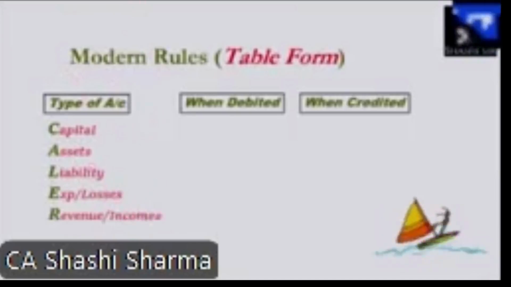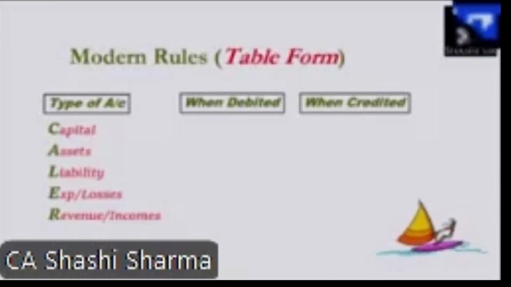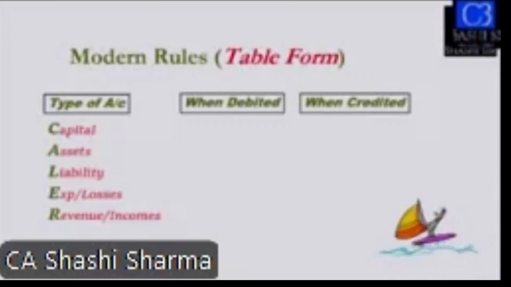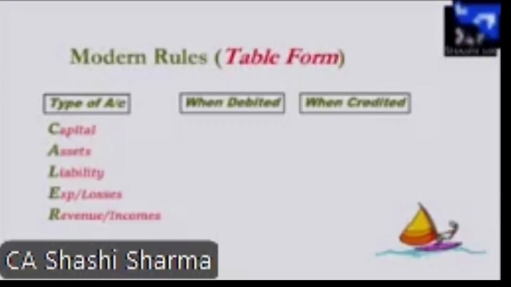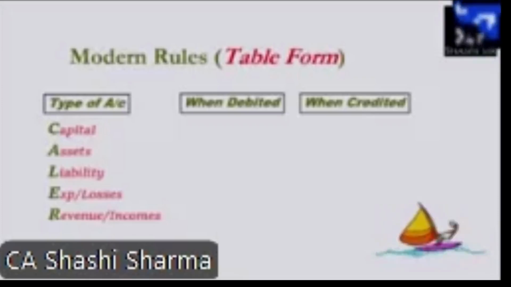So first of all, in the case of previous golden rules, we were classifying the different accounts under the personal, real or nominal category. But when we follow these modern rules, we have to classify the account under any of the 5 categories. And after categorizing, we have to decide about the debit or credit, whether debit should be given to that account, or whether credit.